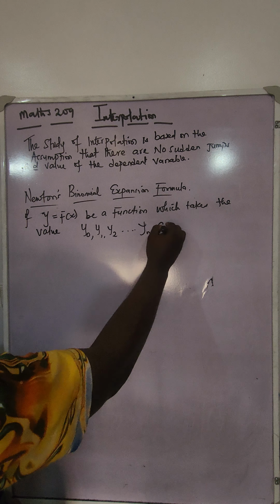Now, because of that, we want to apply the Newton binomial expansion here. We want to apply that analogy or that reference.